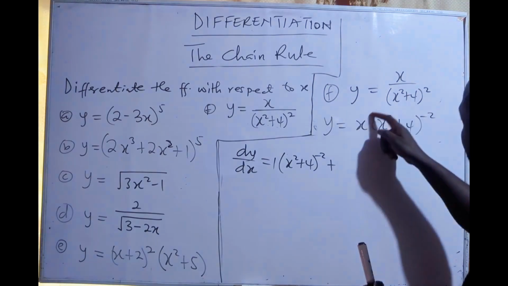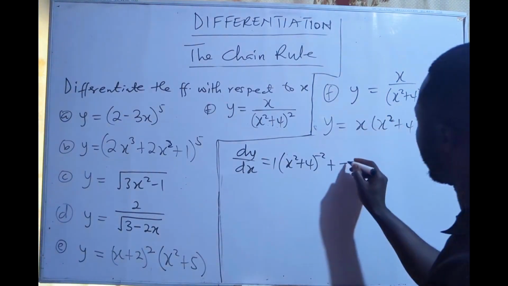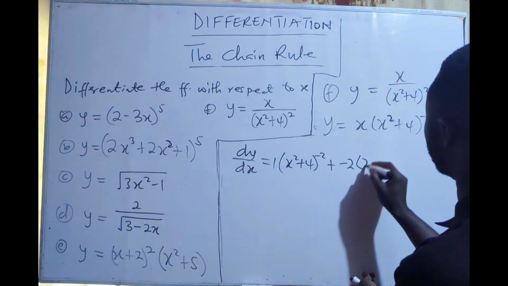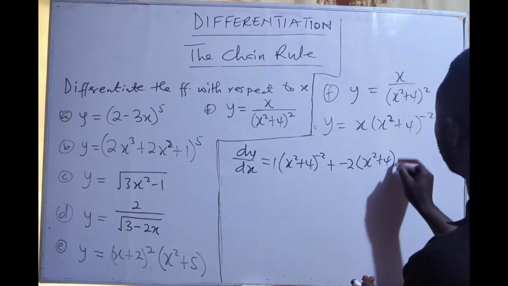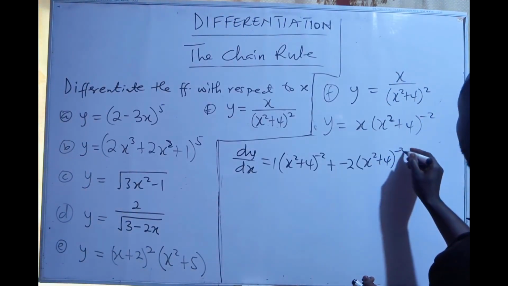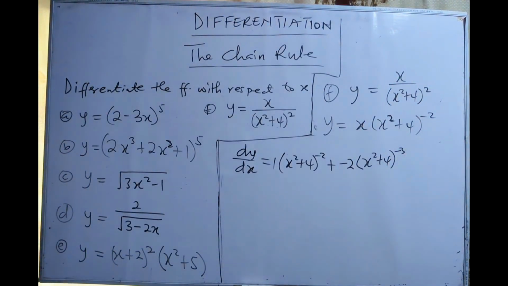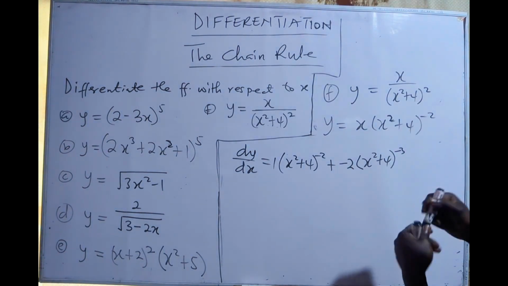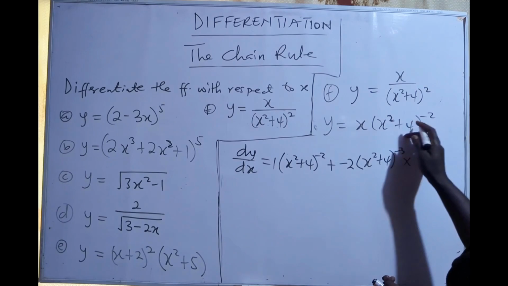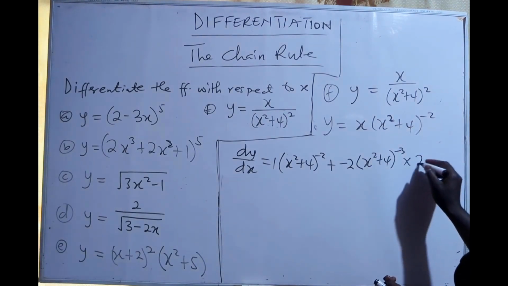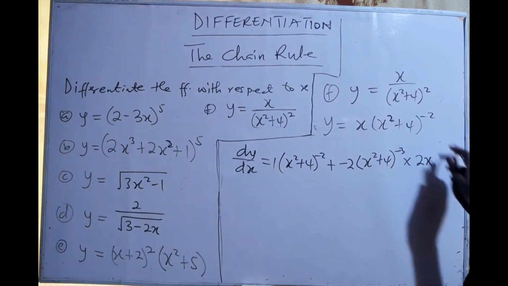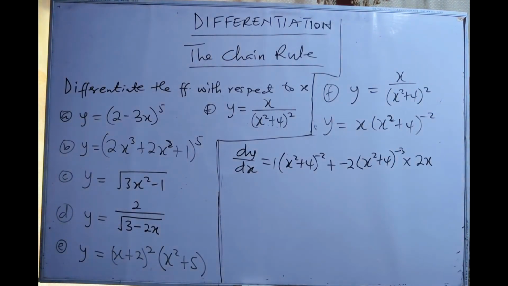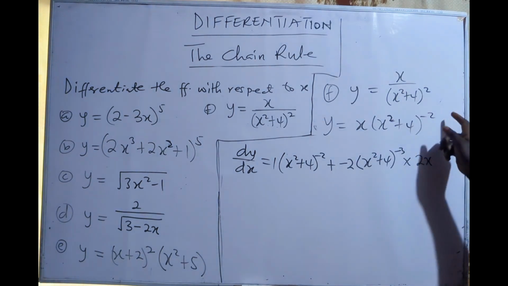So only this part: negative 2 will multiply (x squared plus 4) exponent negative 2 minus 1, so negative 3. Then after that, I'll multiply by the differentiation of what is in the bracket, so we have 2x, and the 4 differentiates to 0.